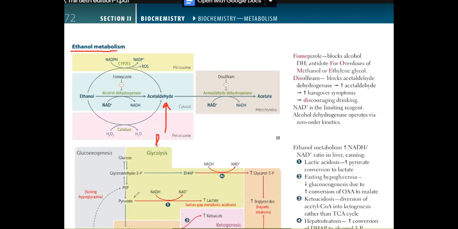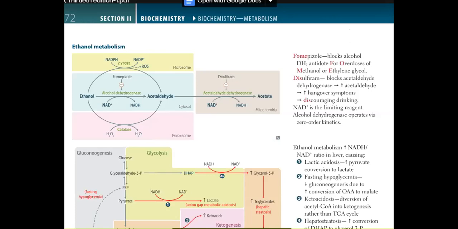This pyruvate is the end product of glycolysis cycle. When it is going downwards from glucose to pyruvate, it is glycolysis. But when it's coming from PEP to glucose, it is gluconeogenesis. Okay, do not confuse.